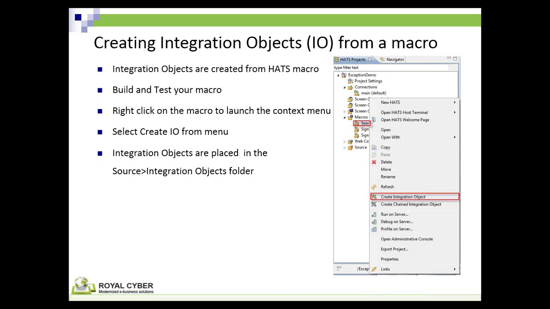So the first thing is that from the macro you are required to create an integration object. I will show you live how an integration object is created from a HATS macro. The location of that integration object will be the main root folder.